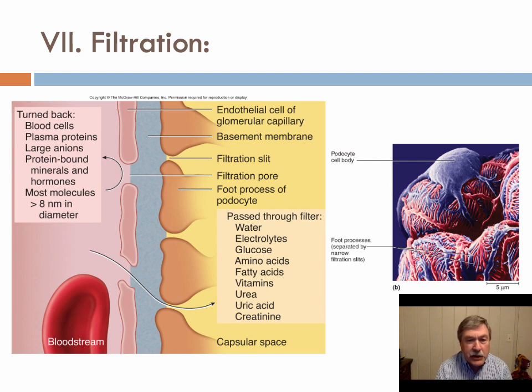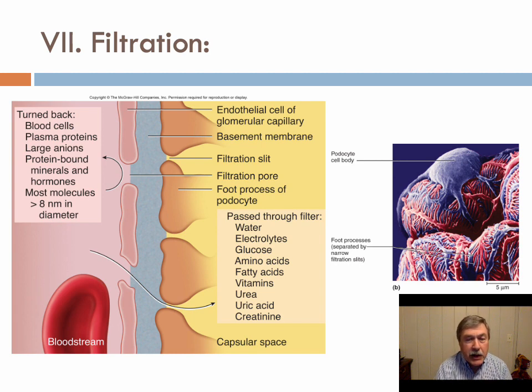They don't prevent smaller molecules from passing through the wall of the glomerulus, however, because there are also two other layers of the filtration apparatus. The next layer, which is shaded a bluish color, just to the right of the glomerular wall, is the basement membrane of the glomerulus. The basement membrane is composed of proteoglycans, a combination of protein and carbohydrates that form a finer filter.